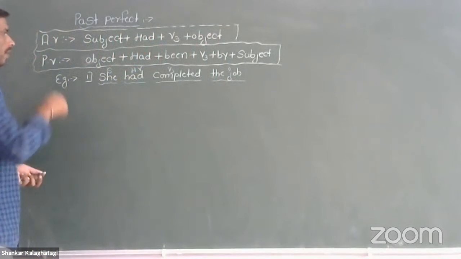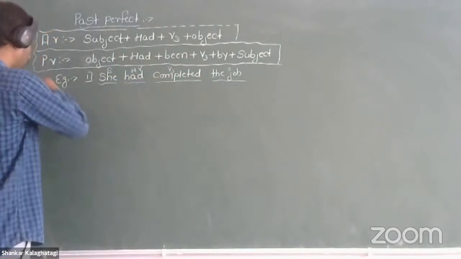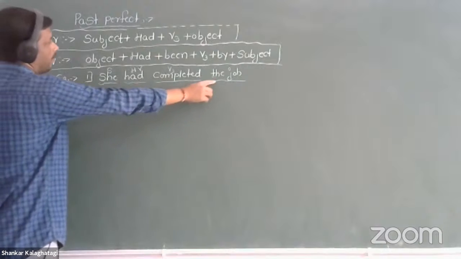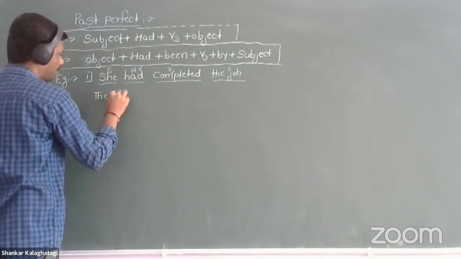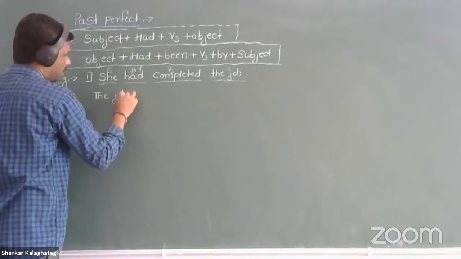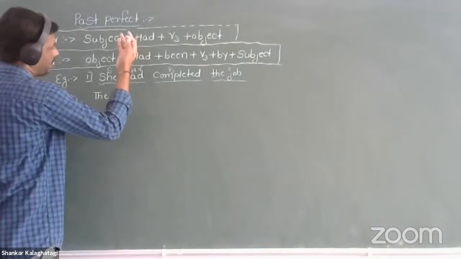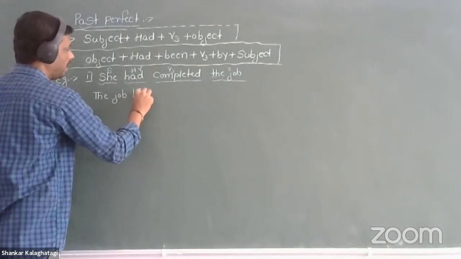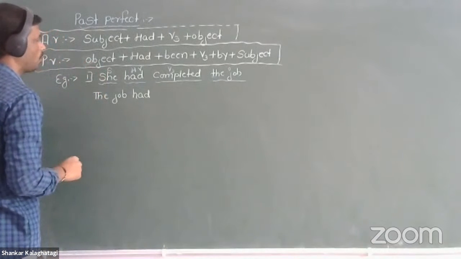Now, only thing we have to add, that is being, and remaining thing you will get here only. So write object first, that is the job. After that, we have to write helping verb. Only one helping verb is there, that is had. For any pronoun or any noun, we have to only use had. The job had.